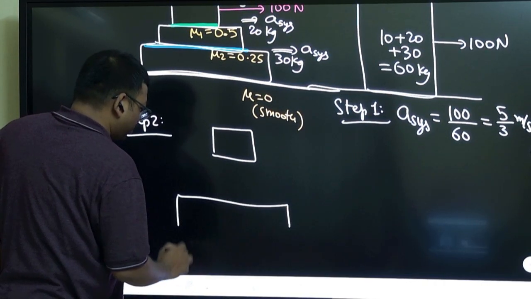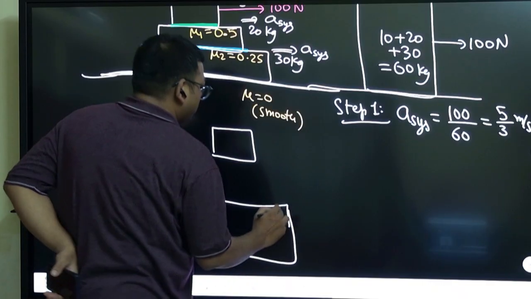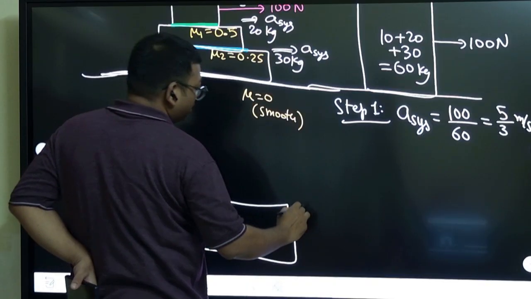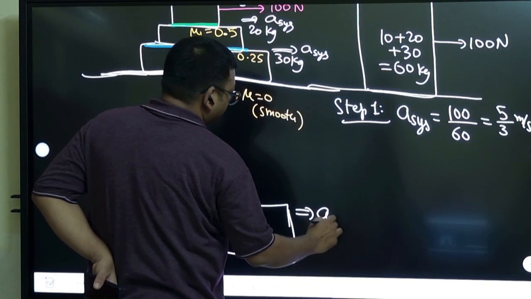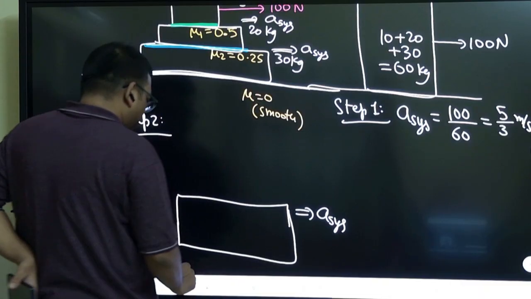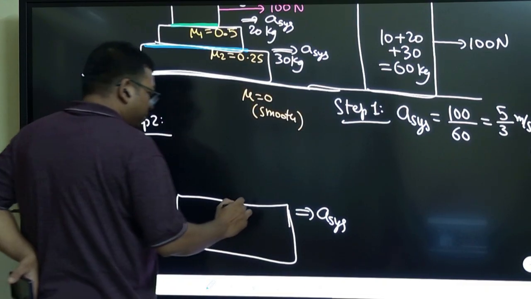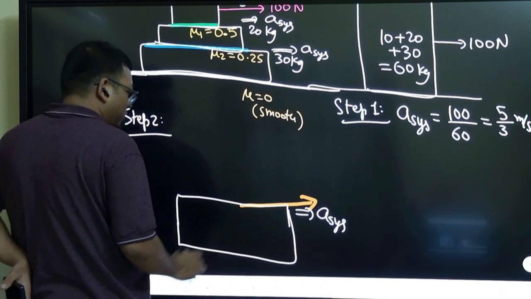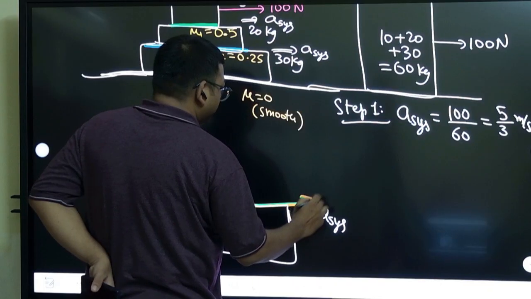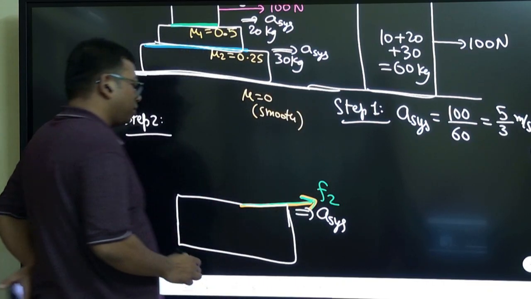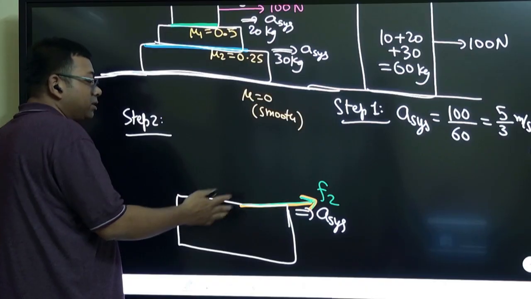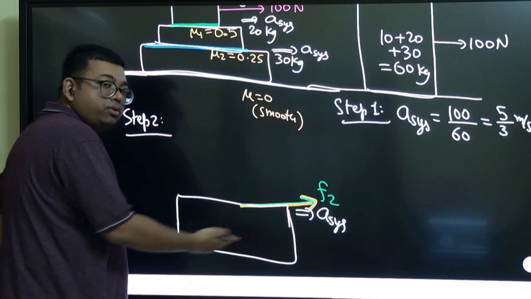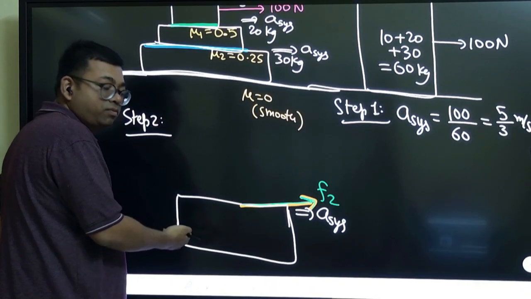The lowest block is moving this way with the system acceleration. So definitely friction must be acting this way, correct? Friction on this surface must be acting this way, because if friction acts this way, then it cannot move that side, right? And below also there is no horizontal force because it's a smooth surface.